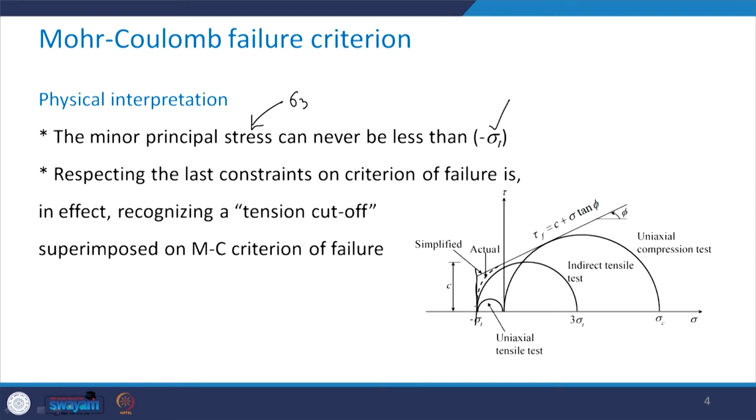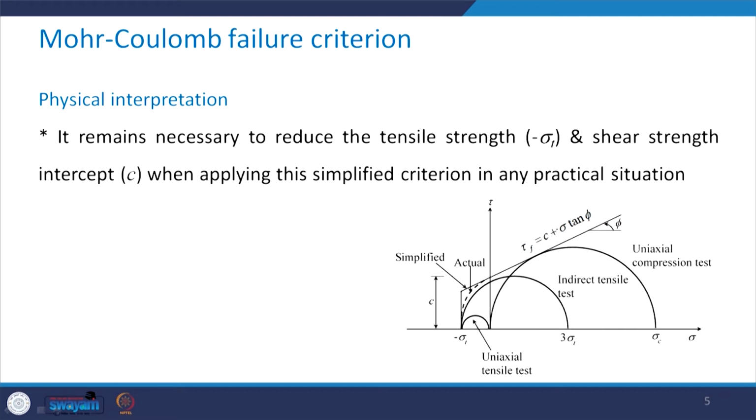This cutoff is superimposed on the Mohr Coulomb criterion, and therefore what you get is this vertical line and then this failure envelope. Now it remains necessary to reduce the tensile strength and the shear strength intercept when we apply this simplified criterion in any practical situation.